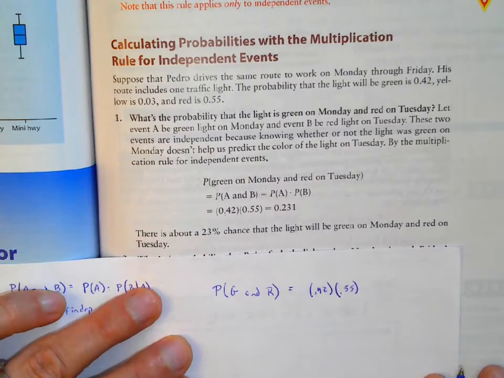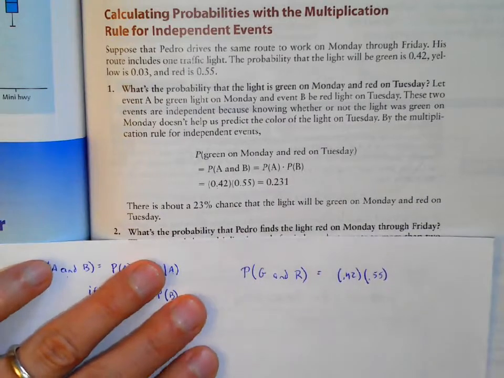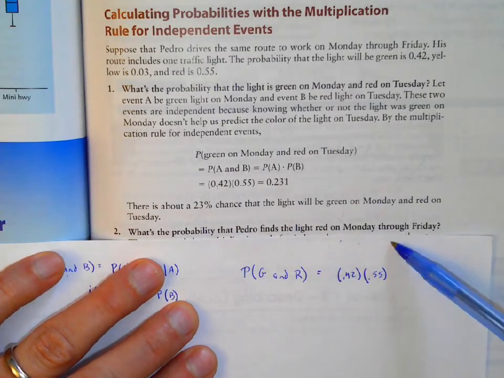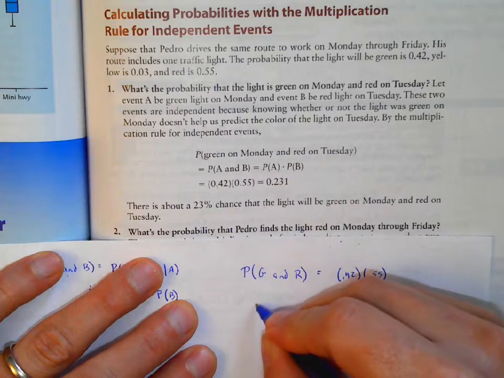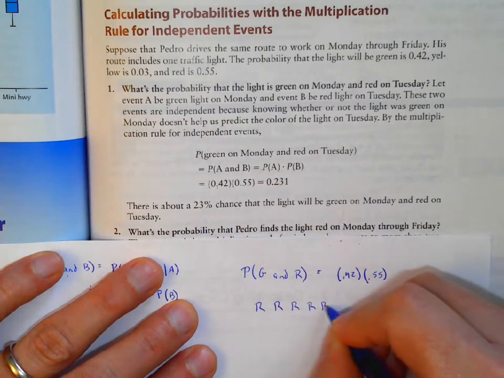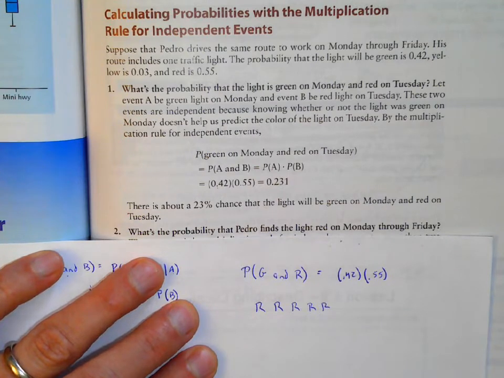Okay. So next problem: what's the probability that Pedro finds the light red on Monday through Friday? So we want a red, and a red, and a red, and a red, and a red, right? Monday, Tuesday, Wednesday, Thursday, and Friday. We want every day to be a red. So the one day is independent of the other, right? If it's red on one day, it doesn't really change the probability of red the next day.